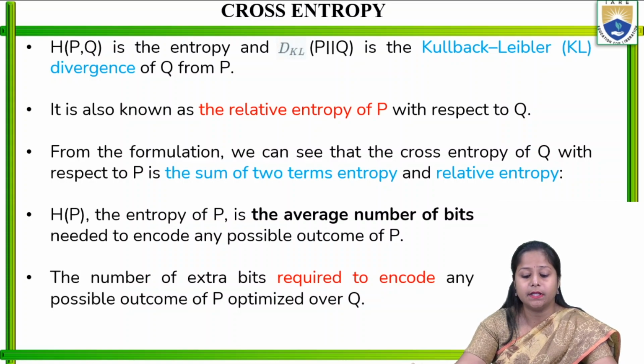From the formulation, we can see that the cross entropy of Q with respect to P is the sum of two terms: entropy plus relative entropy.